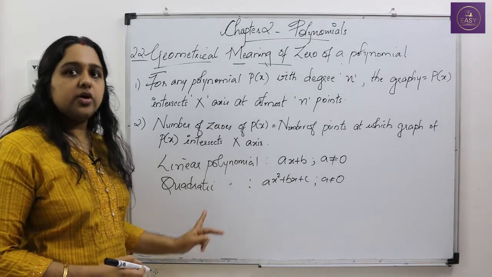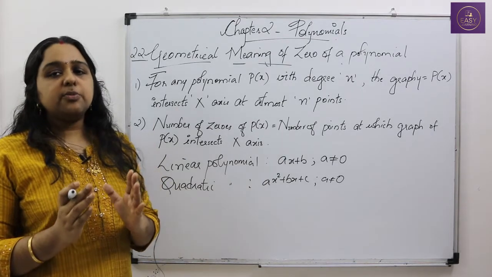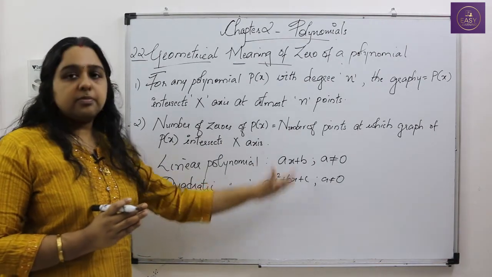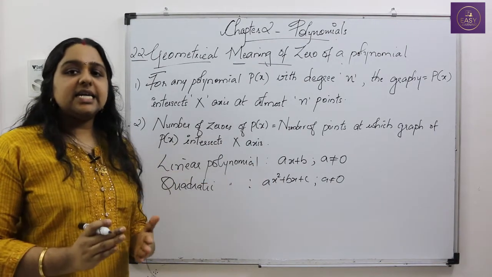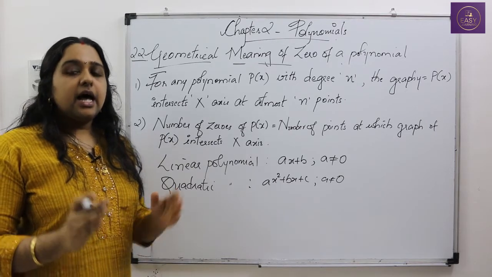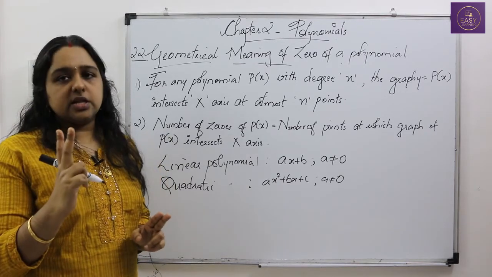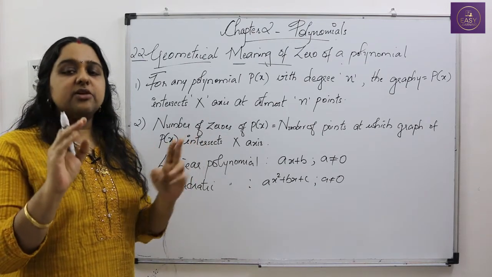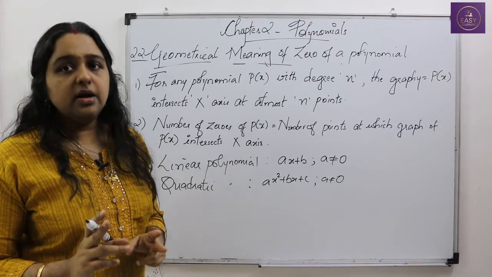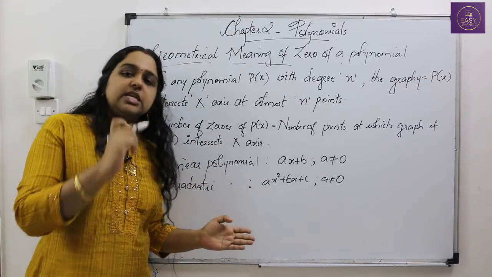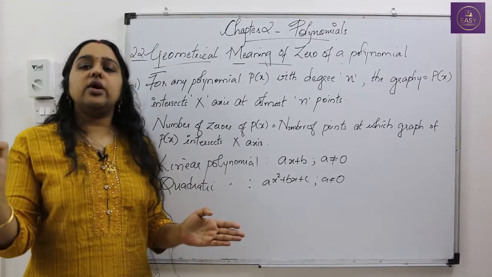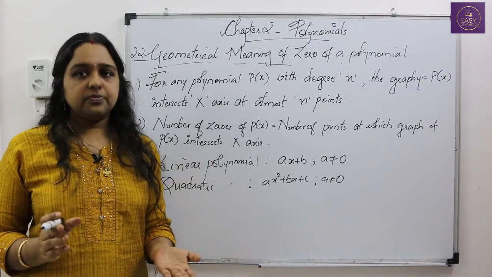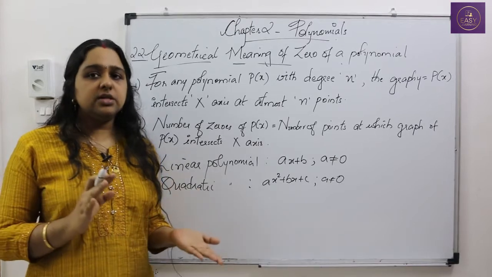For any quadratic polynomial, the graph will intersect our x-axis at most 2 points. That means there will be a maximum of 2 zeros for a quadratic polynomial, or a minimum of 0. Maximum is 2 or minimum is 0.